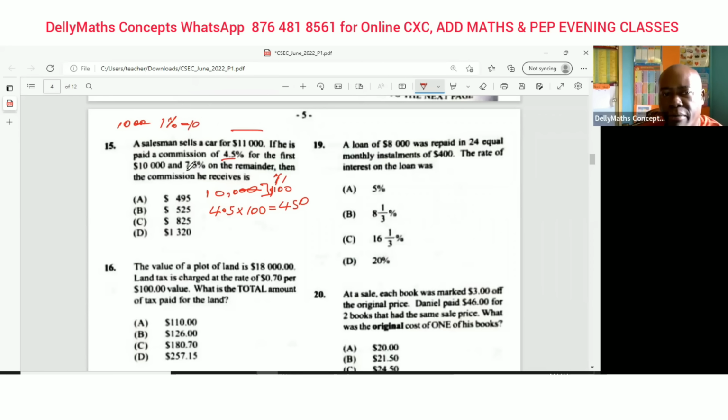But it's going at 7.5%, right? So 1% is $10 and I need 7.5%. I multiply this by 7.5. Then you could see $75 coming out straight. So if I add back my $75 to that, I'm getting $525.